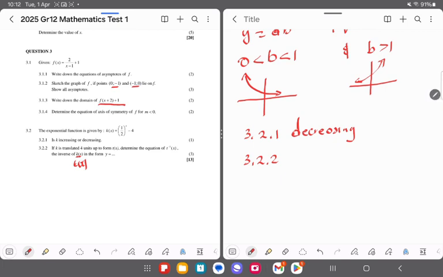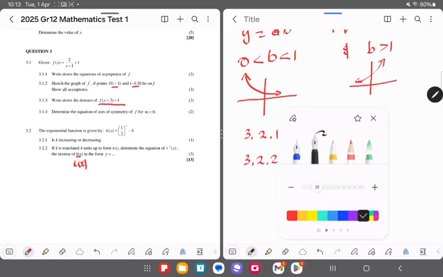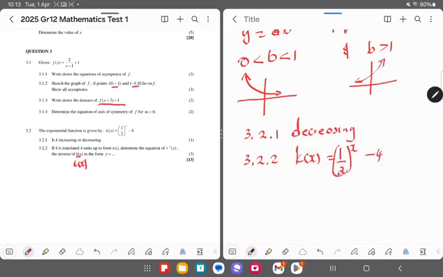Therefore, what we need to do is, we are having k of x is equal to 1 over 2 to the power x, minus 4. Remember, if they're saying k is translated 4 units up, the upward movement is associated with y. Therefore, we need to add plus 4. Therefore, the new equation, which will become t of x, is going to be 1 over 2 to the power of x.